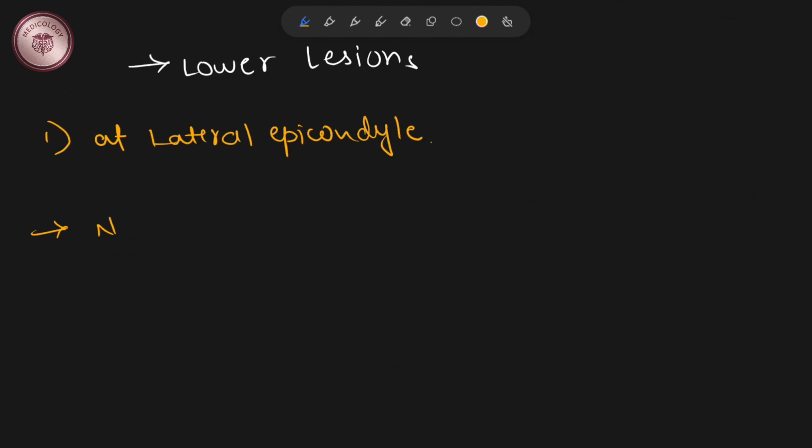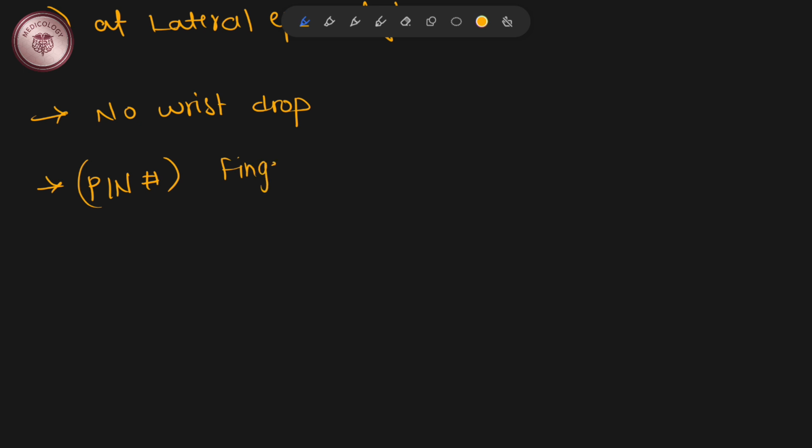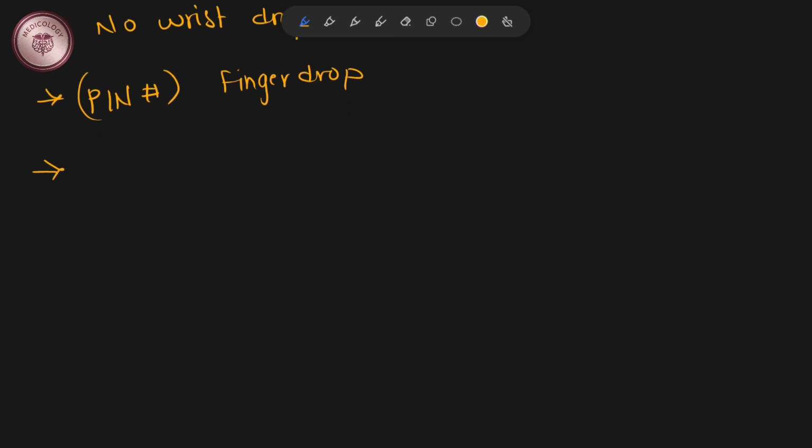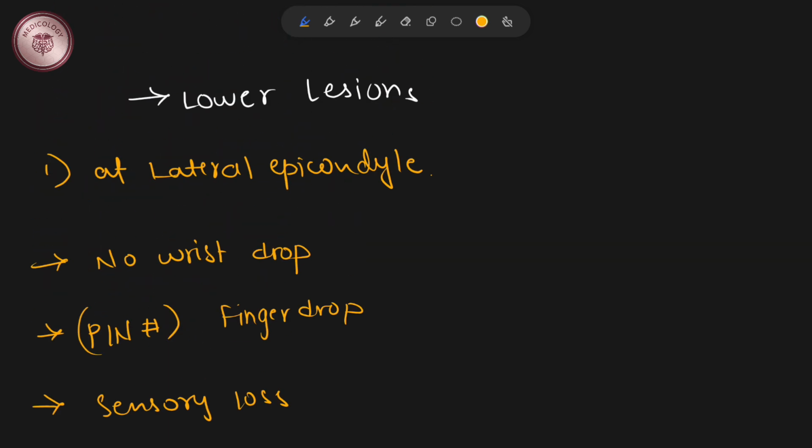We cannot see wrist drop. What about the posterior interosseous nerve? Yes, there is finger drop. Next, we have sensory loss, because the sensory branch is also affected.